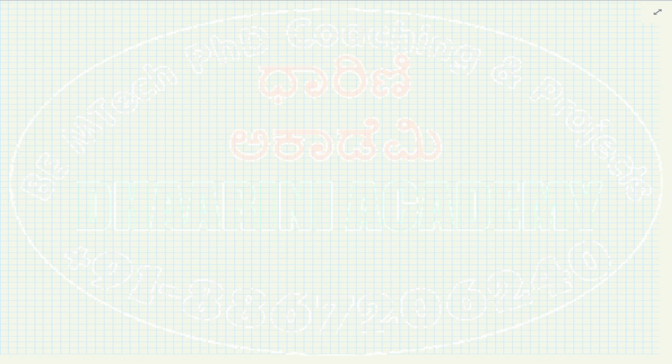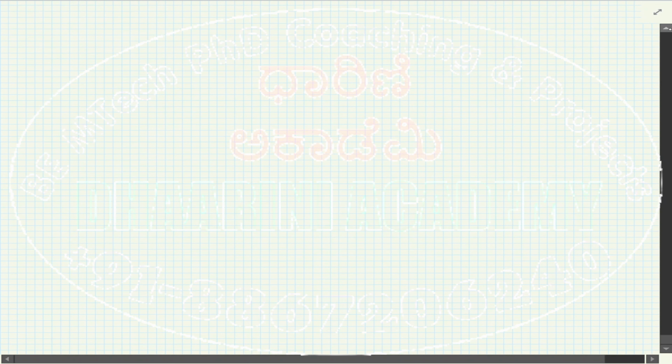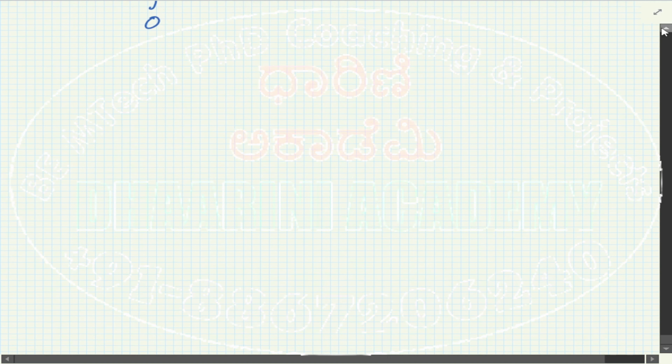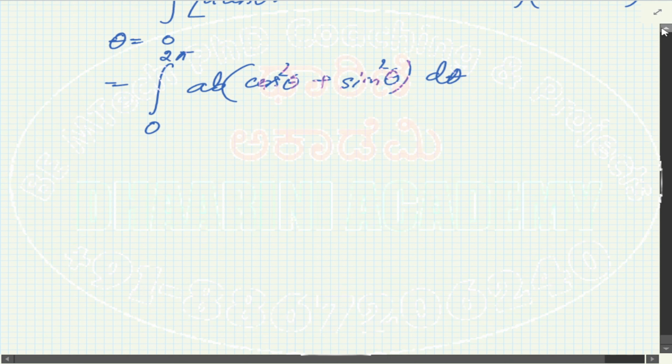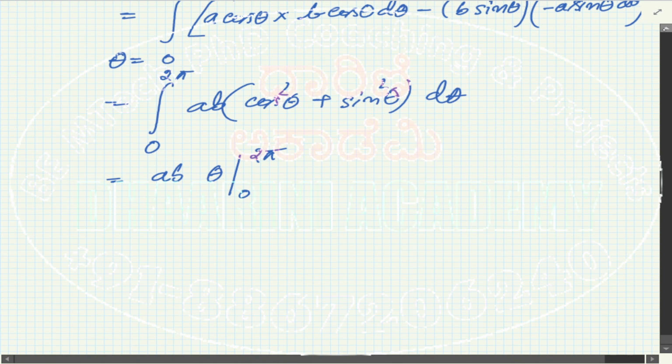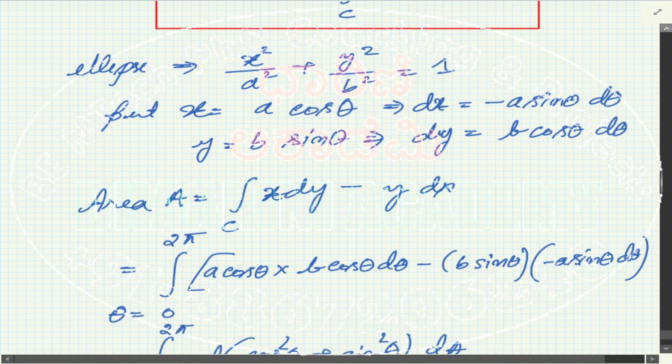Alright, so we can see that cos square theta plus sine square theta is equal to 1. It's simply ab, and a and b are constants, so we'll take them out. So it's just theta from 0 to 2 pi. One mistake, we missed the half on the outside.